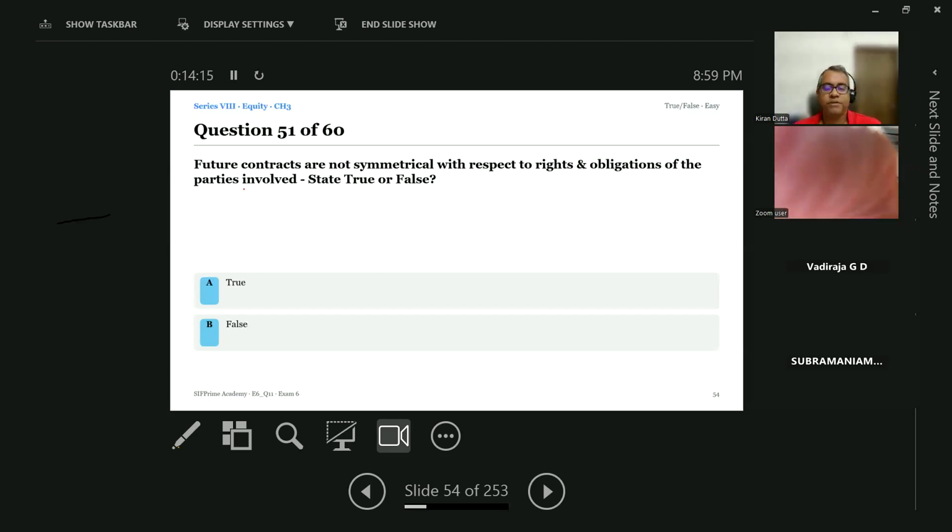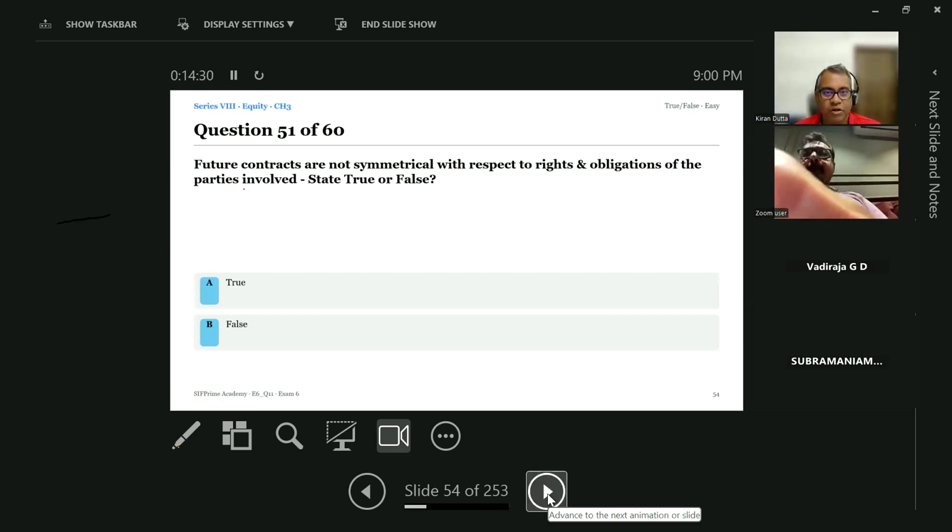False. Why? We have to respect both the buyer and seller here, because we are bringing standardization into the whole process. Everyone got it? Any questions on this? It all revolves around the same concepts.